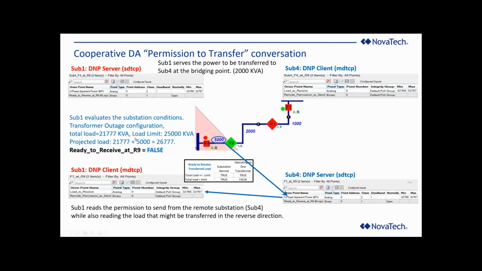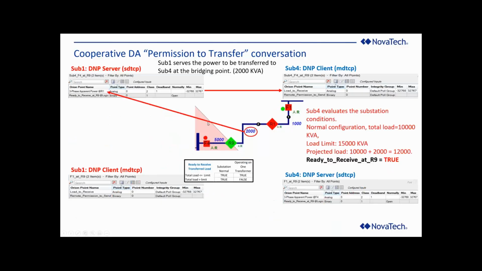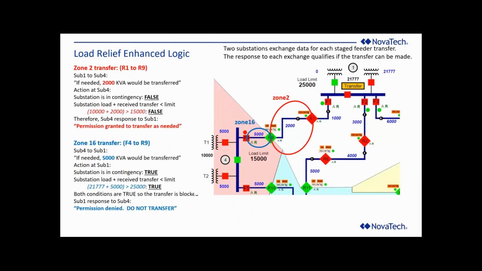And the evaluation in the Lua at substation 1 adds that and says, okay, if you sent me that, I would be over my allowable load. And in this instance, the substation was in a transfer situation. Okay, so one transformer is out, the other transformer carrying all the load.